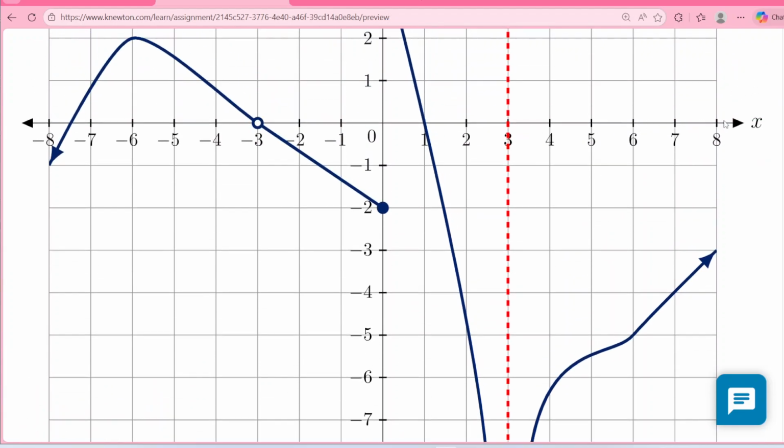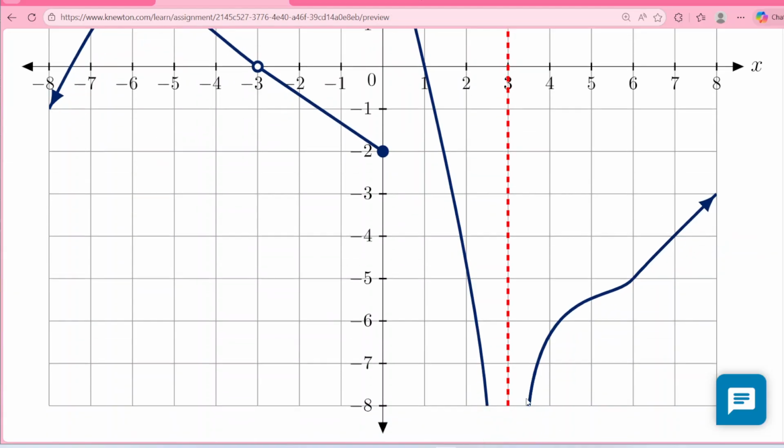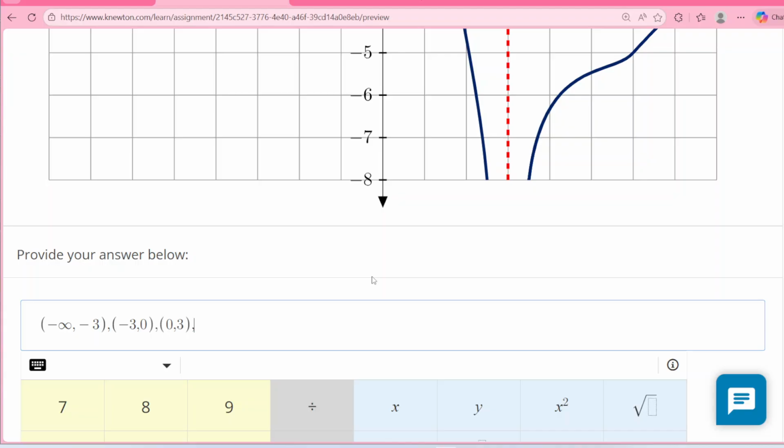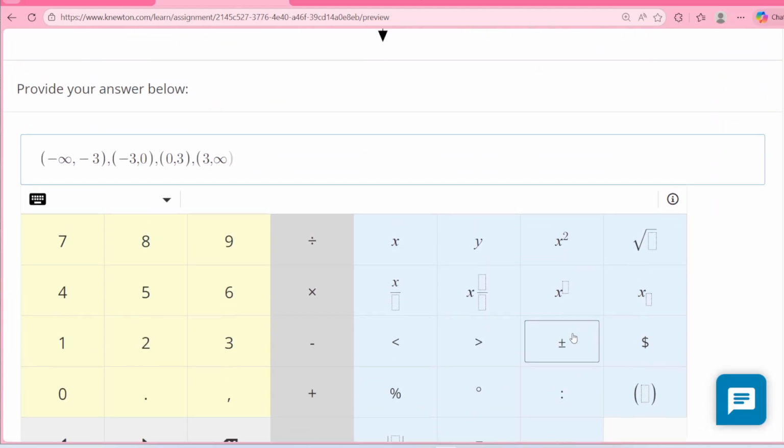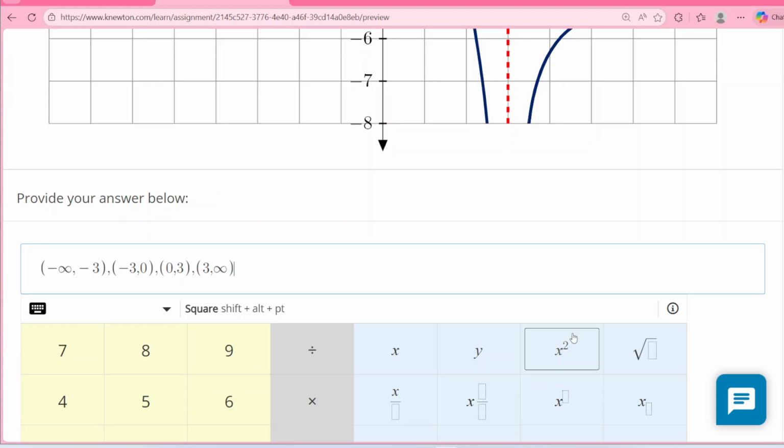And then finally, again going left to right on the x-axis, you see to the right of 3, from 3 onward but not including 3, the graph is continuous. The function can be drawn without any breaks or holes or jumps or gaps. So my last interval is parentheses from 3 to infinity. You could put plus infinity, but I'll just put infinity and close the parentheses.